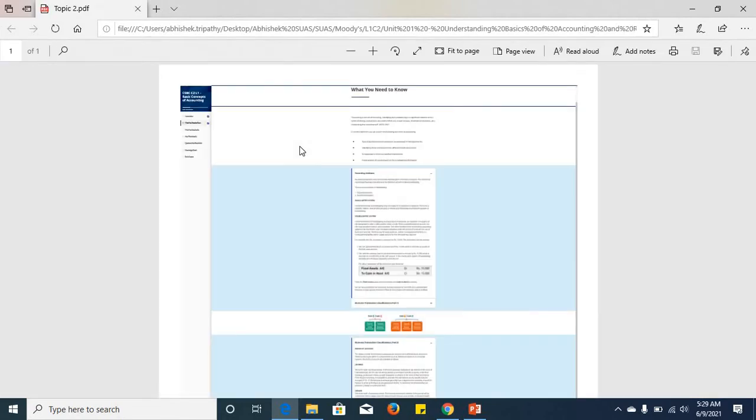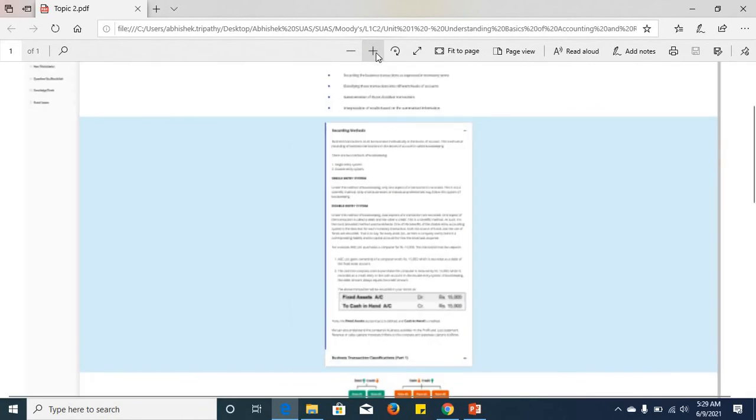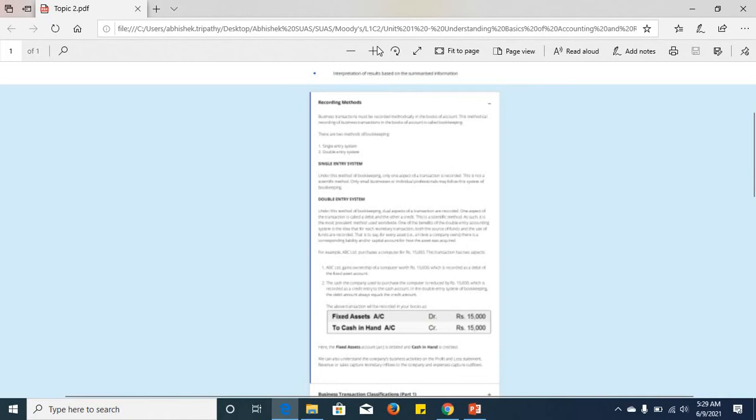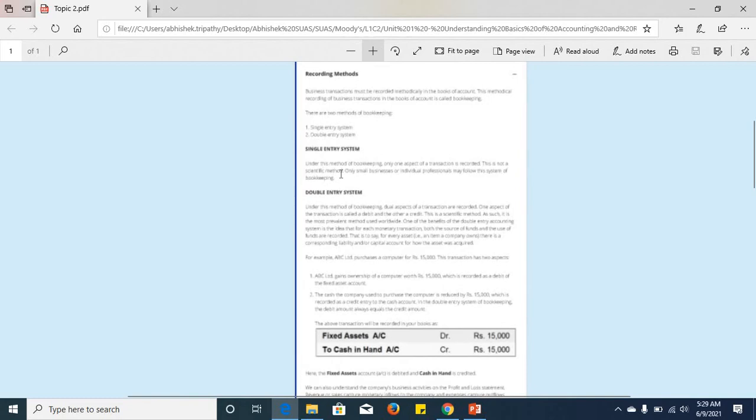Here we go. Yes, so now recording methods: single entry system and double entry system.